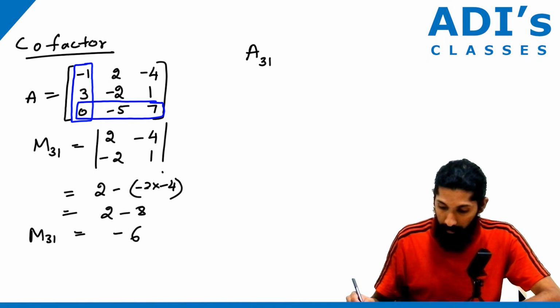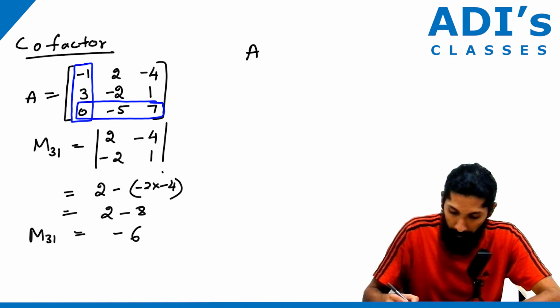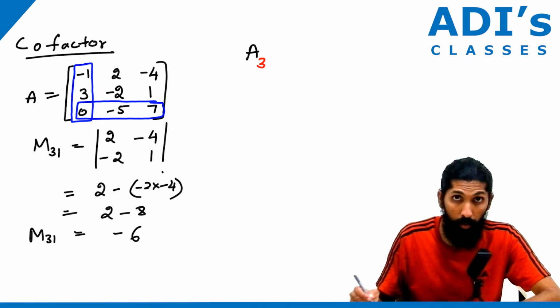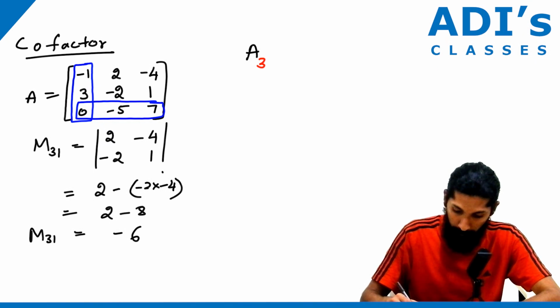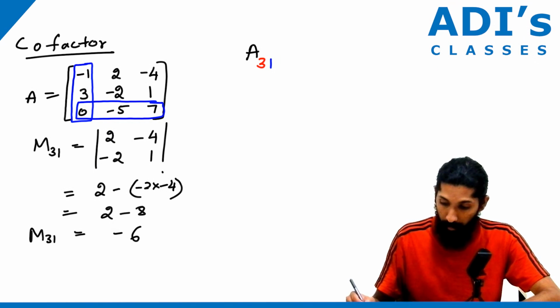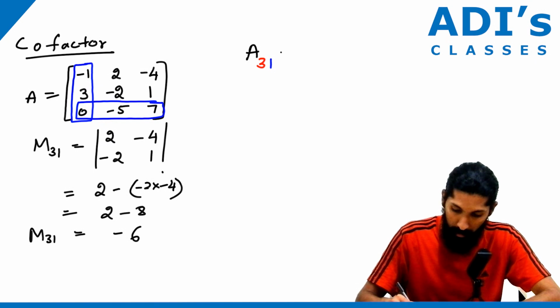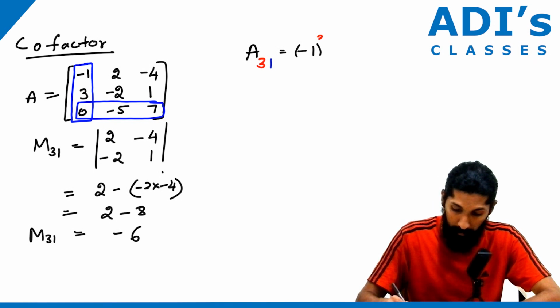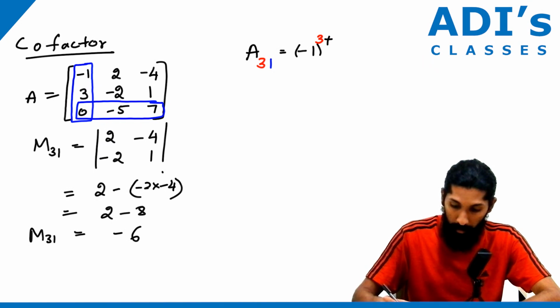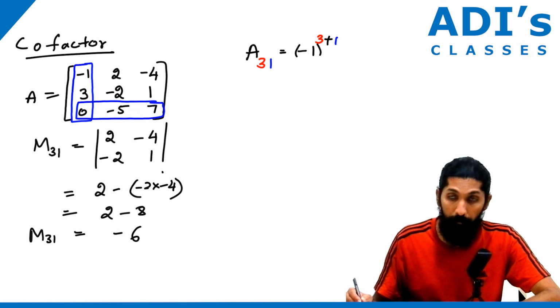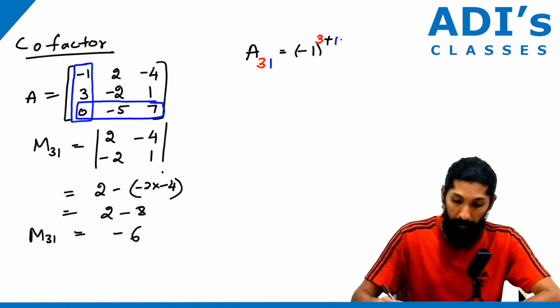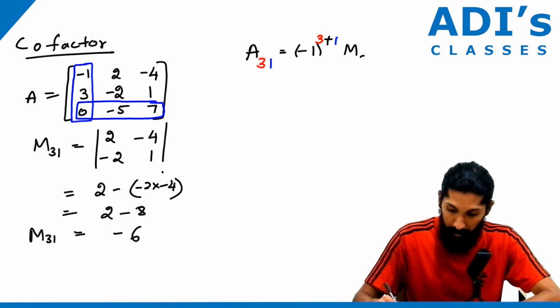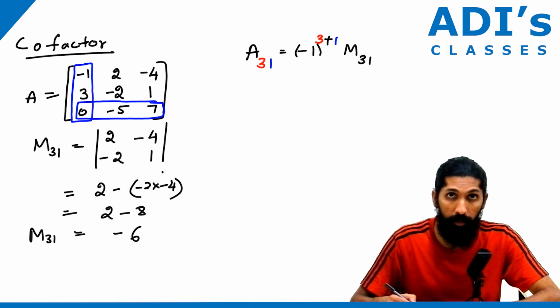This value becomes minus 1 to the power of the row, which is 3, plus the column, which is 1, into m31, the minor of this particular element.